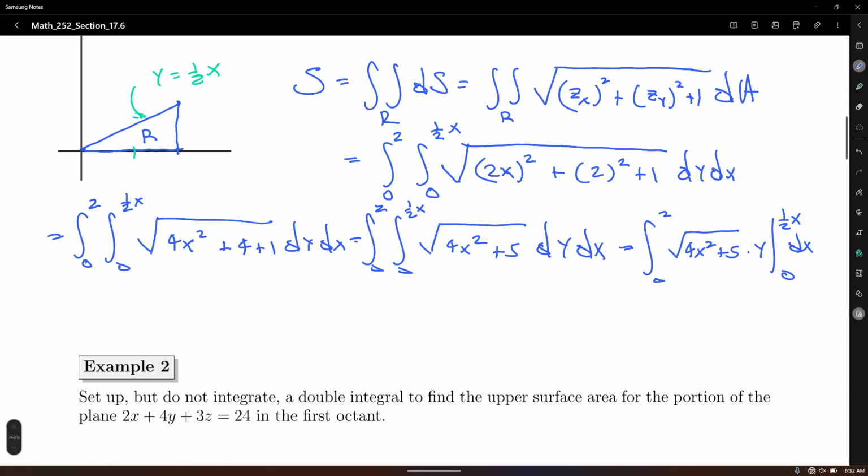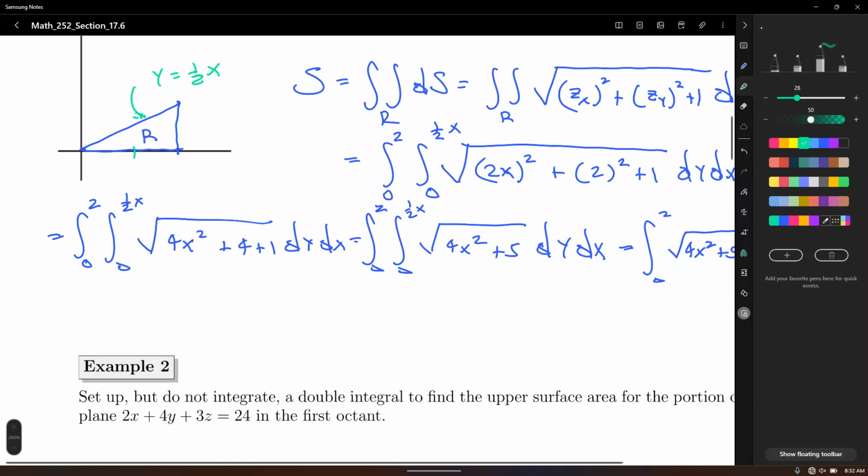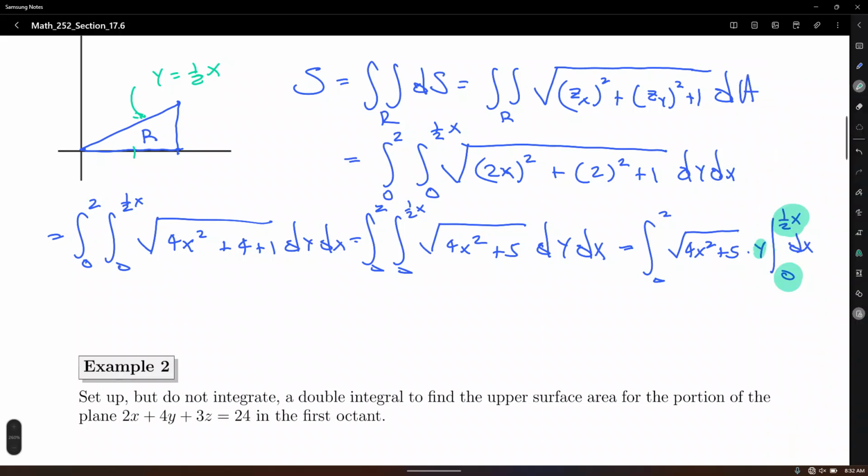All right, and again, upper limit minus lower limit, those limits are only evaluated at the y variable because, again, we integrated with respect to y. All right. So that's going to give us the integral from 0 to 2 of the square root of 4x squared plus 5 times 1/2 x dx. I'm not going to write the minus 0 because I think it's obvious, right?